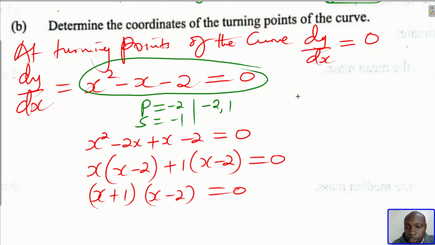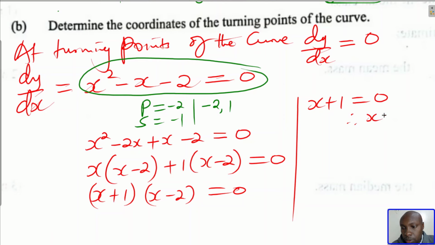At this point, x plus 1 is equal to 0, and if this is the case, x will be negative 1. That is the first x coordinate of the turning point. And then we have x minus 2 is equal to 0, and this gives x is equal to 2.